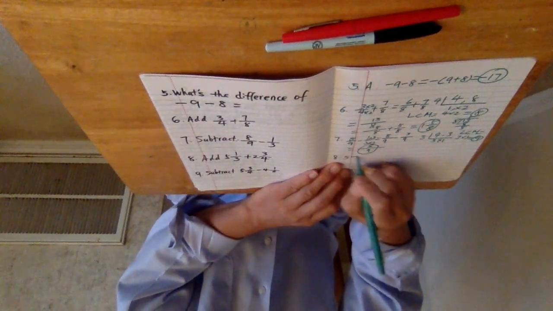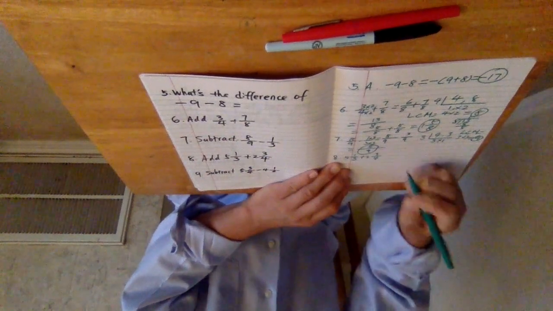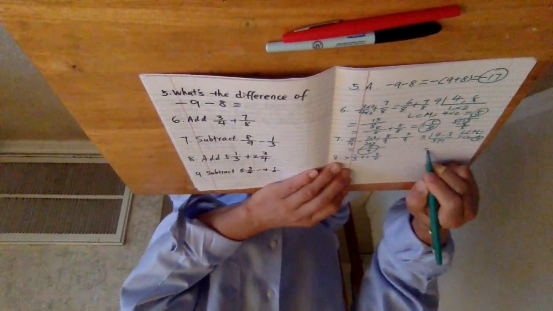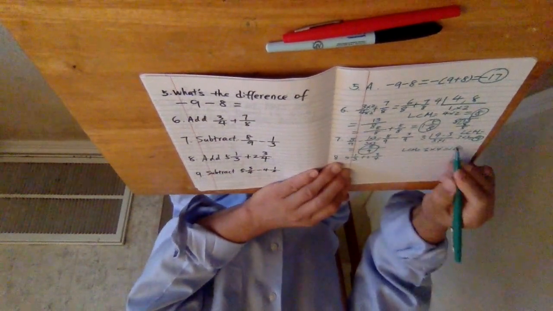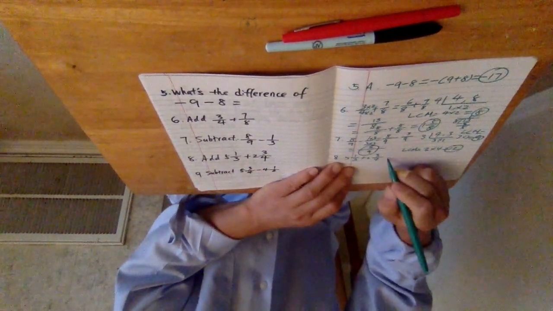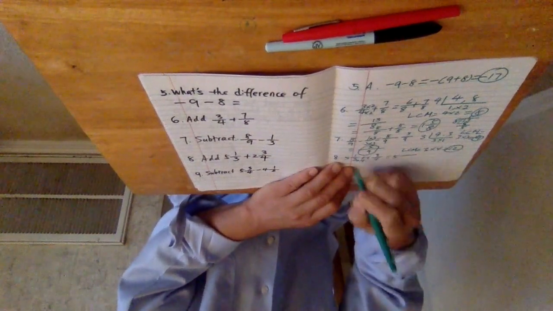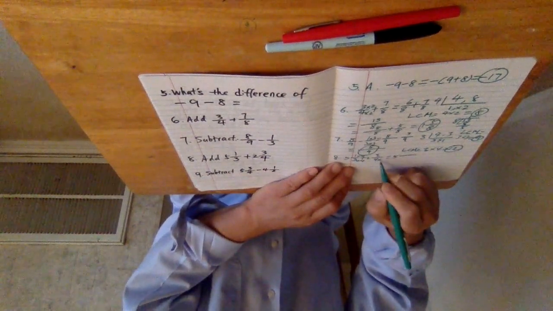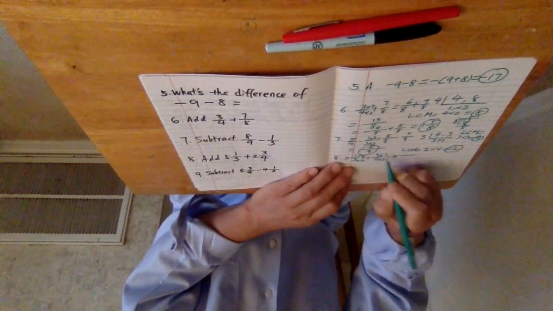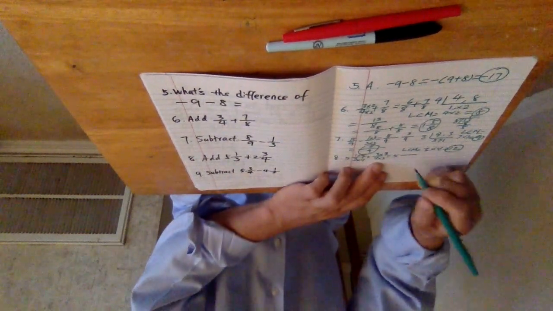Add 5 and 1/3 plus 2 and 3/4. 3 times 4 equals 12. Least common multiple is 12. So we're going to have 5, 3 times 4, 1 times 4, and 4 times 3, and 3 times 3. Make sure you use the same least common multiple.